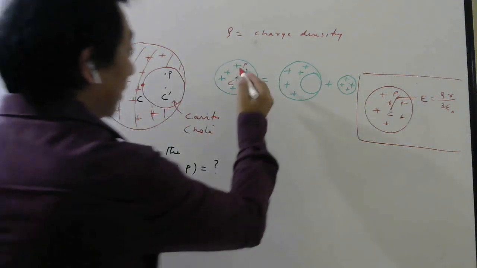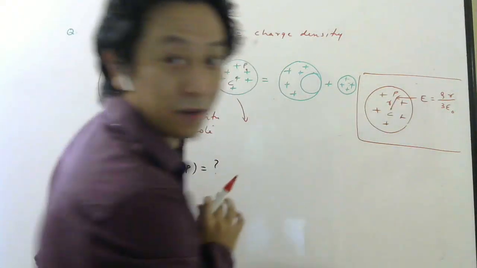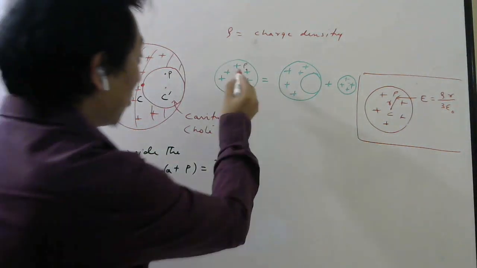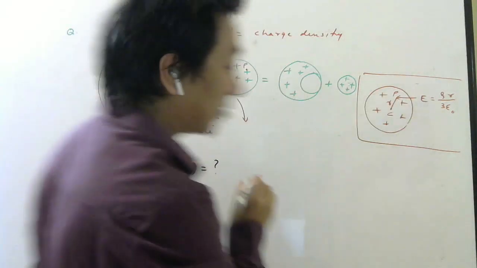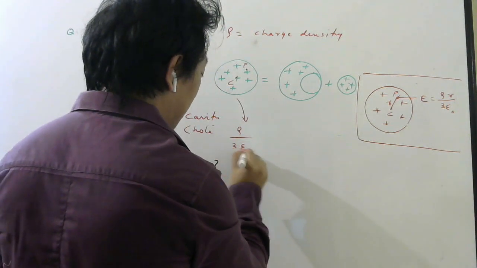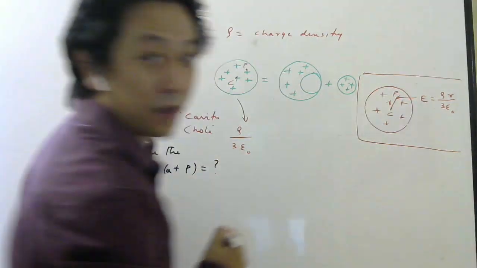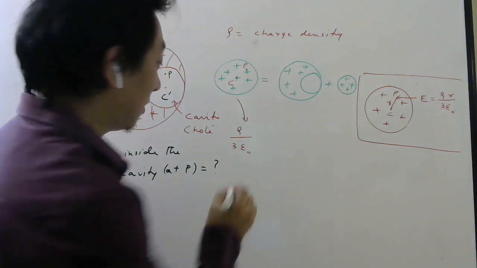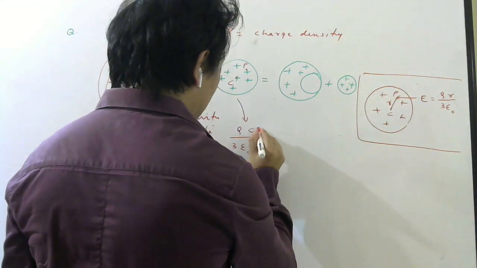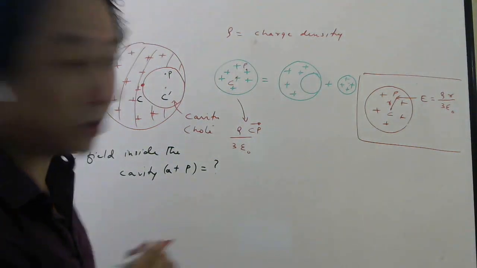So the electric field at P due to this charge, I can use this formula because this is a spherical charge. This point is inside, so the electric field will be rho by 3 epsilon naught r. What was r? From center to P. And if I write in vector form, I can write CP vector, because this is a vector.